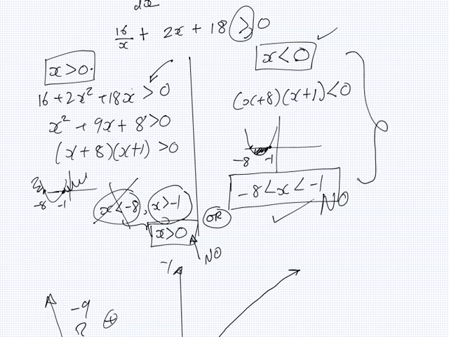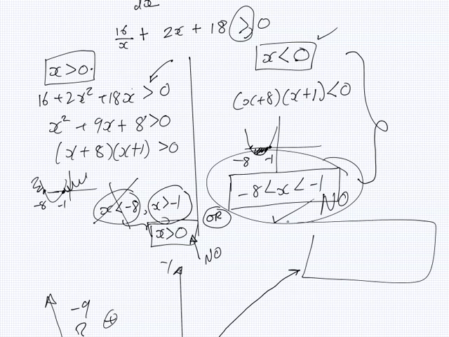When I put these two together, I don't get this. What do I get instead? If I put this and this together, x is less than 0, and x should be between -8 and -1.